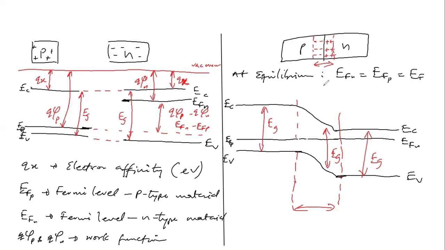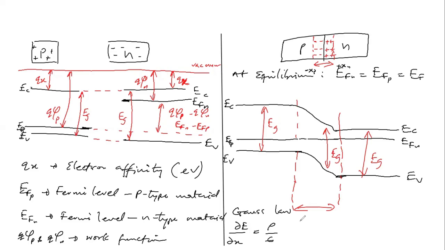And as such, the bands now have a curvature following the Gauss law, okay? So this curvature here follows what we refer to as the Gauss law, such that dE over dx, if for instance, we say this is negative XP and this is positive XN, is the same as rho over epsilon.